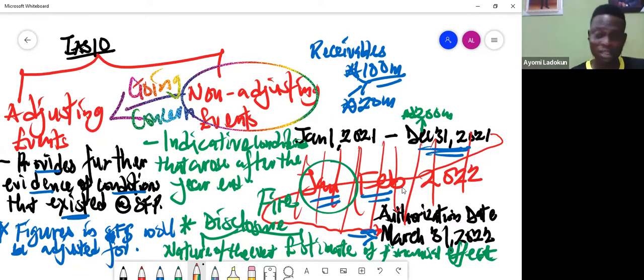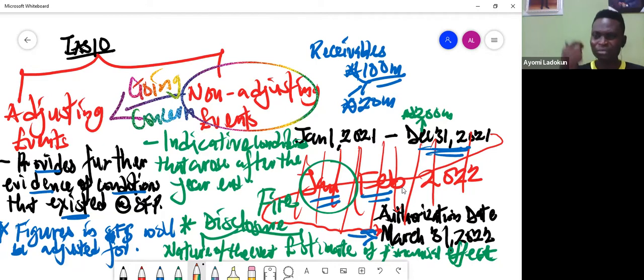Sometimes in practice, it could be difficult to identify which one is an adjusting event and which one is a non-adjusting event, okay? So that's another problem around IAS10. So if the examiner should pick you up, which I'm not really sure it's going to do, what you tell the examiner is that the problem is that it can lead to window dressing and difficulty in determining events that are adjusting events and non-adjusting events, okay?